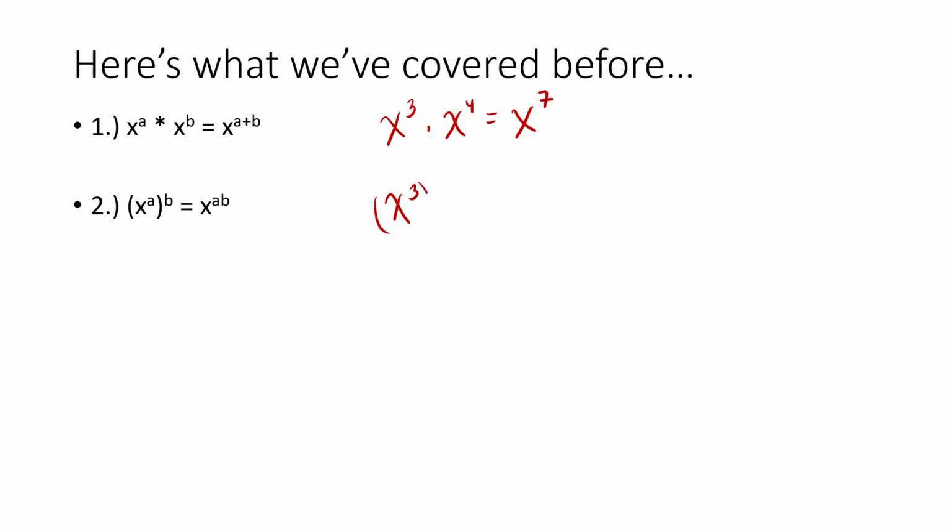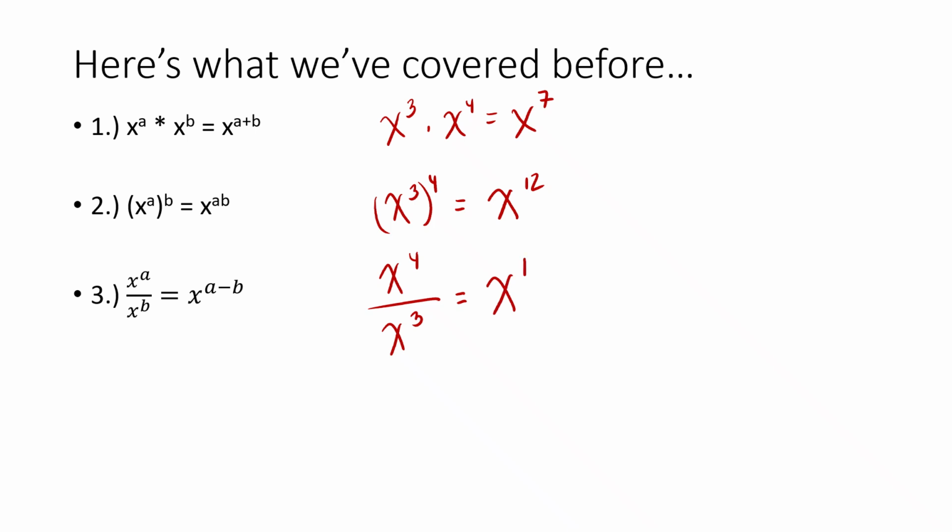So if I had x to the third power raised to the fourth power, that would be x to the 12th power. And lastly, we talked about when we would subtract exponents, and that is when you are dividing what are called bases. And so if I had x to the fourth divided by x to the third, that would be equal to x to the first power.